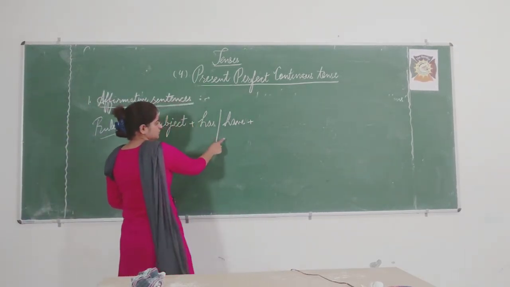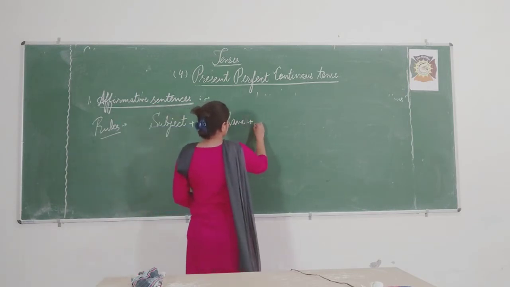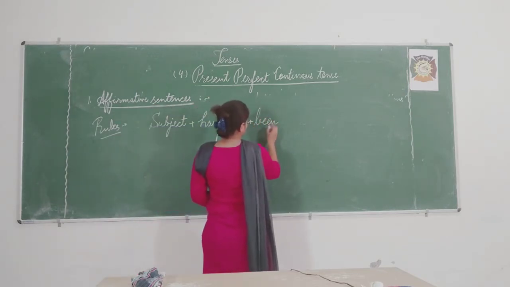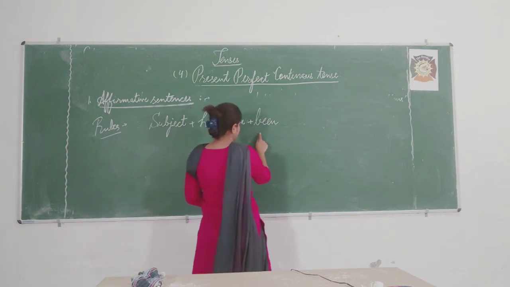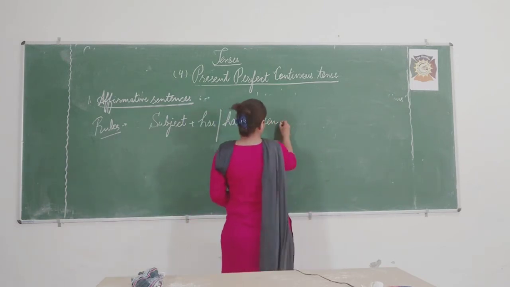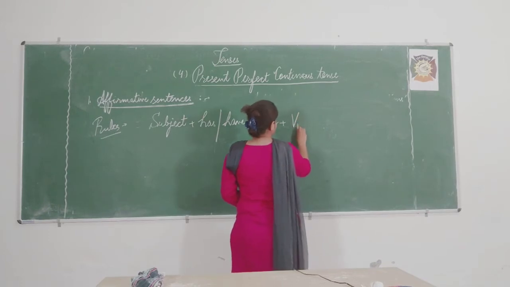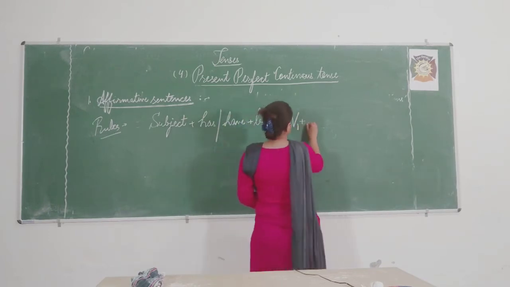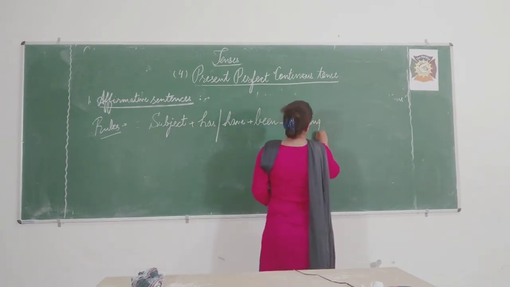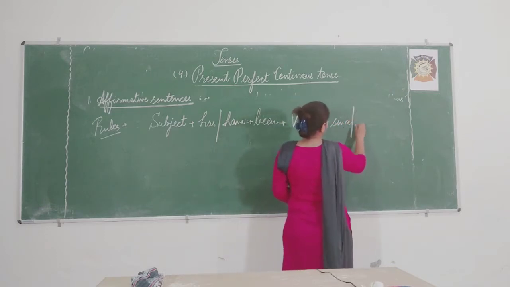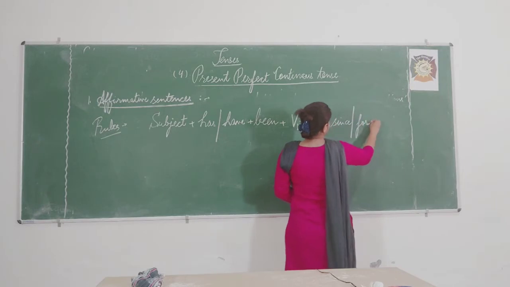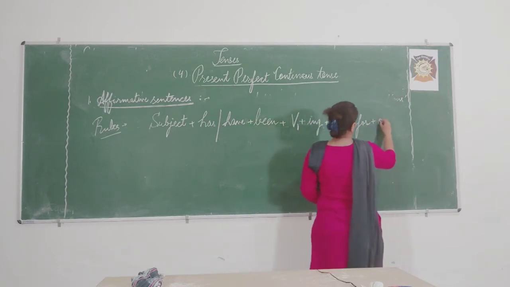Subject plus has or have plus been. This is the most important part of this tense. Has, have plus been plus verb's first form plus ing plus since or for plus object.